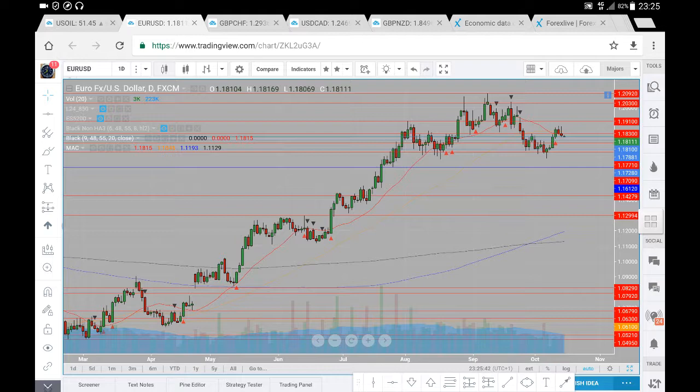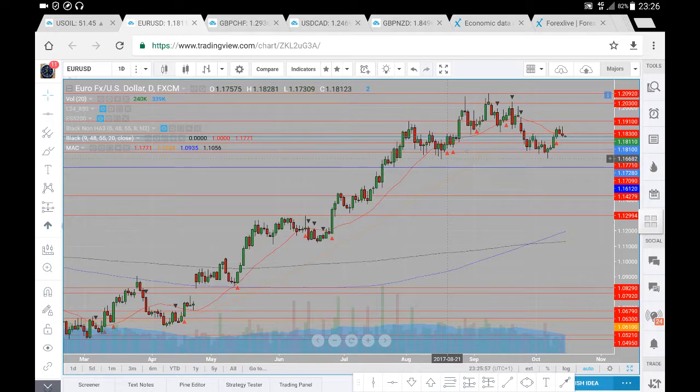On the daily time frame, we did find support over here, which I have mentioned quite a few times now, near the 1.17 level into the high 1.16s, and we seem to have bounced off there.